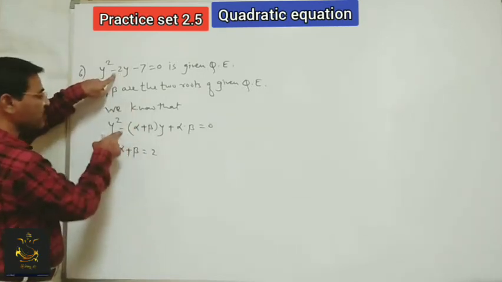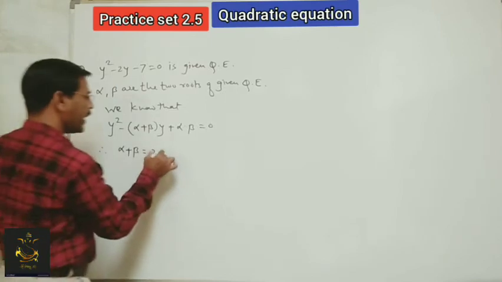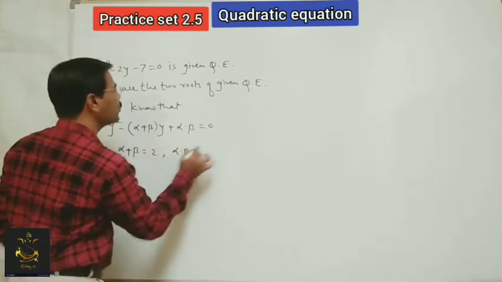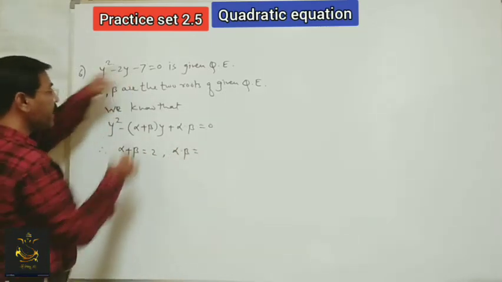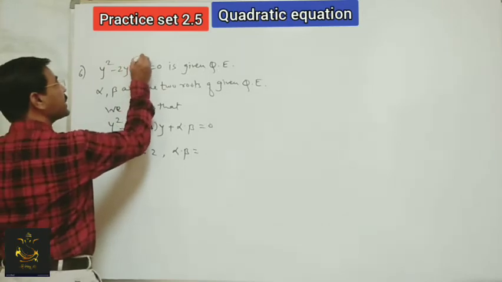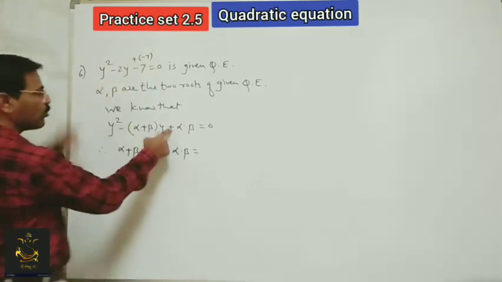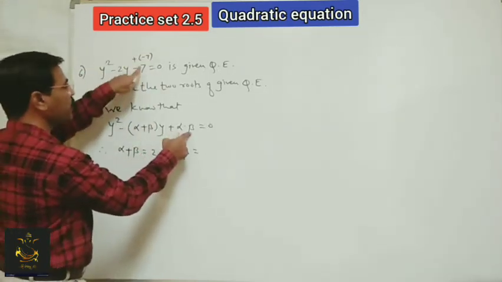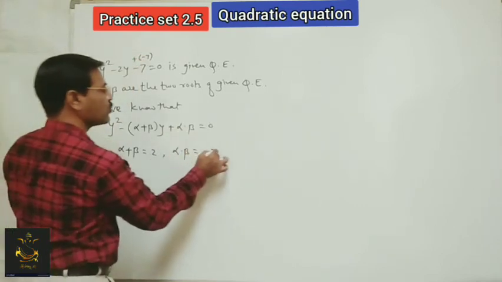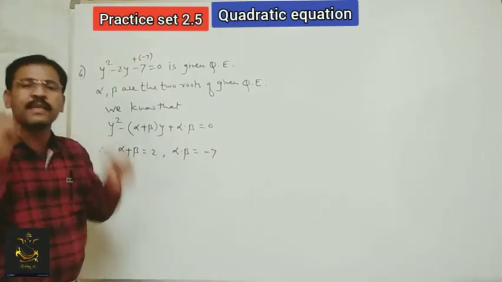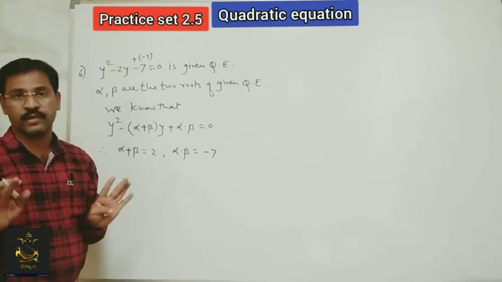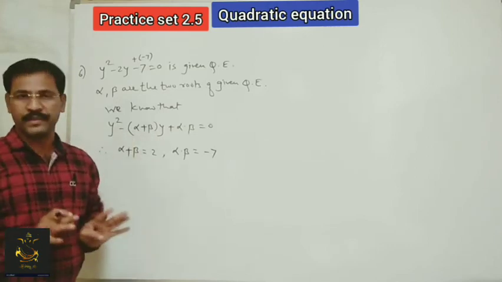Don't write minus, because here also there is minus. And what about alpha into beta? Here it is minus 7. Now look here, plus plus is there, so alpha into beta is nothing but minus 7. These kinds of very silly mistakes, don't repeat them.